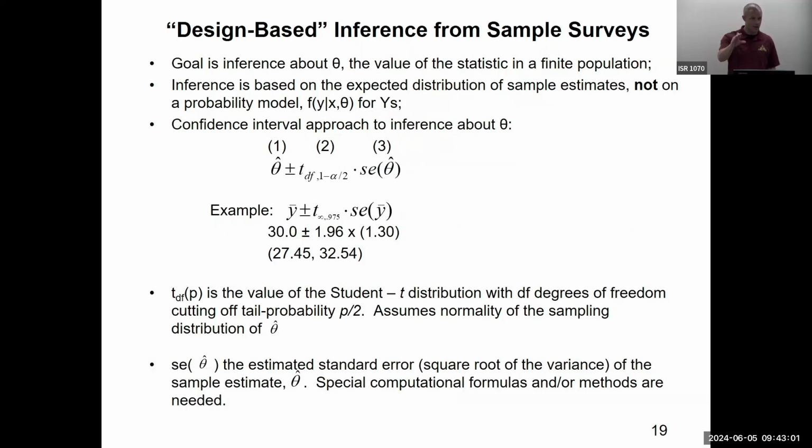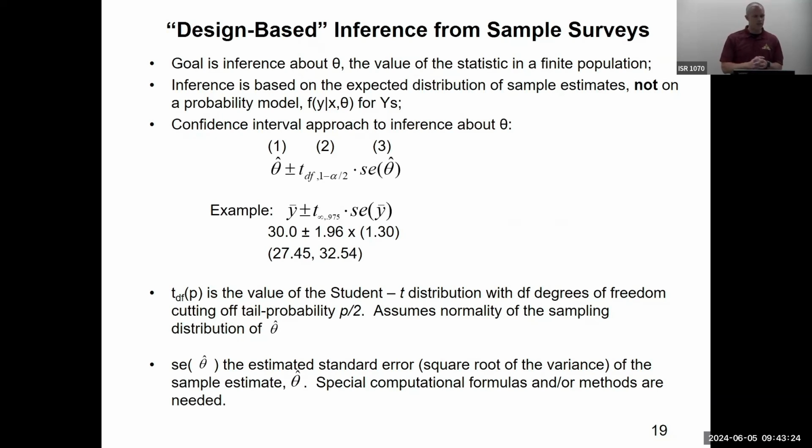Okay, so we have a target, and that's the focus of our inference. And the inference is all based on the expected distribution of the sample estimates from repeated sampling, not based on probability models. Okay, that's the crucial difference between these approaches. So the design of the sample entirely governs what that sampling distribution looks like. We'll see a simulation showing that here in a second.